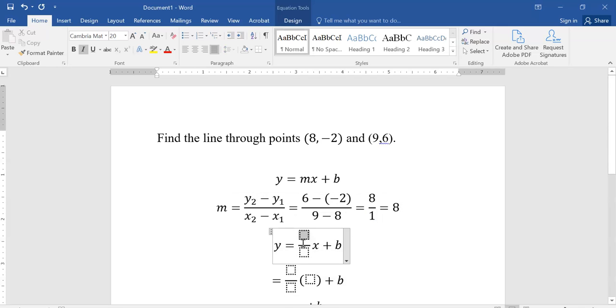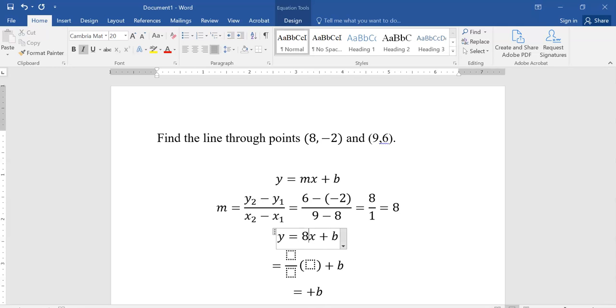All right? So that means the equation of this line is going to look like y equals 8x plus b. It doesn't matter which point you input. I'll put the 9, 6 in, so I'll plug in 6 for y, 9 for x, and obviously the slope is 8. So 6 is equal to 8 times 9 plus b. So 6 is equal to 72 plus b.